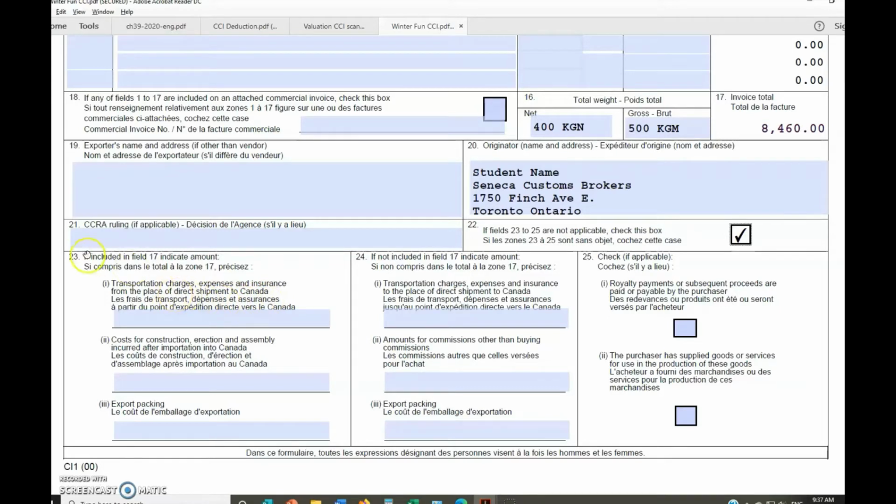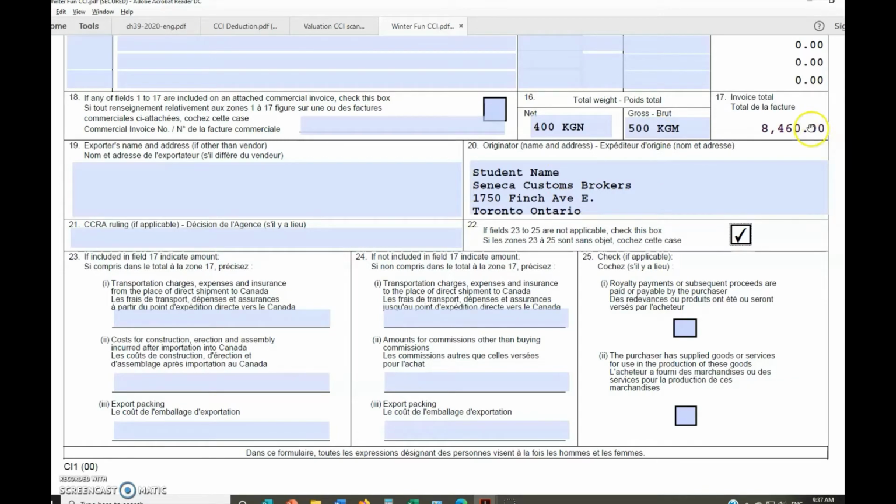What this means is, if included in this price, there is a transportation charge, we need to put the amount down here. So, for instance, when you buy something off of Amazon, you pay one price.